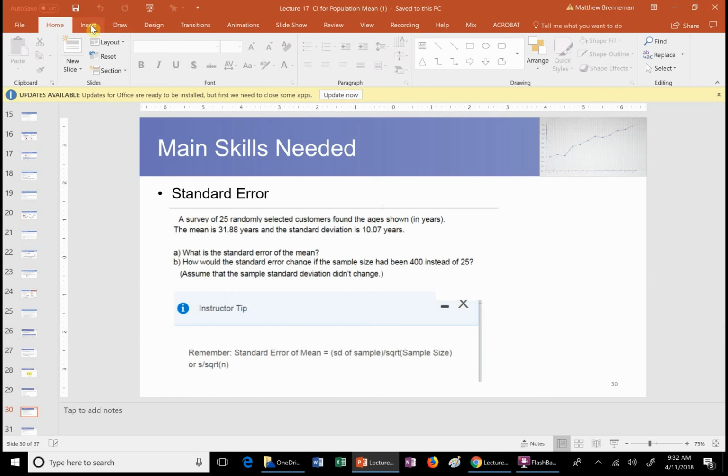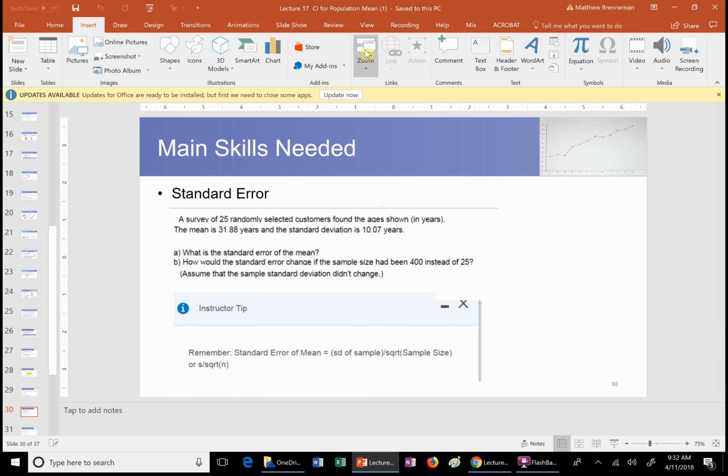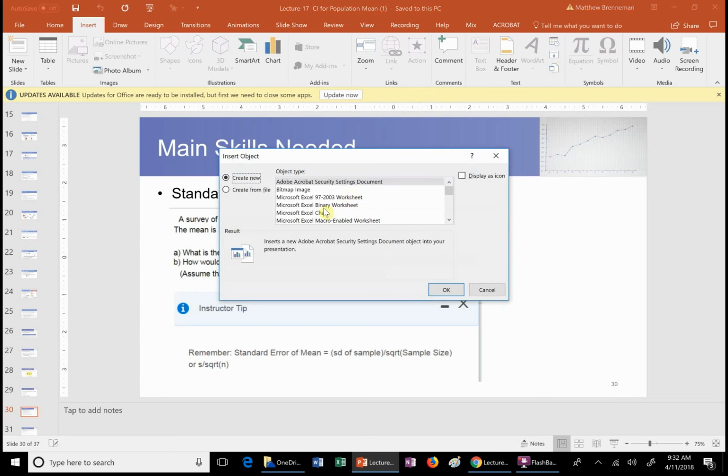So we want to use this fact that the standard error is equal to the sample standard deviation divided by the square root of n. And so one way to do that is just take the sample standard deviation, which is s, and then just divide it by the square root of n.